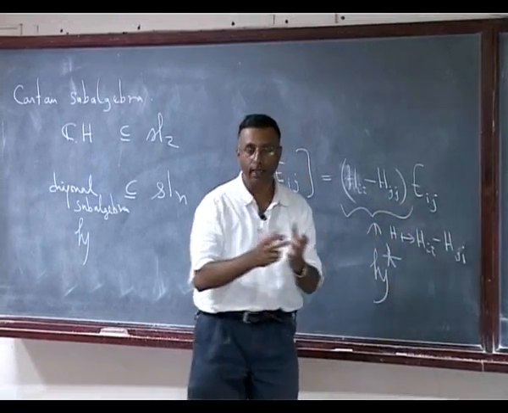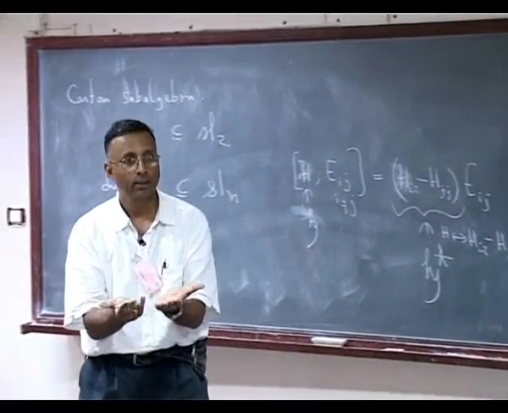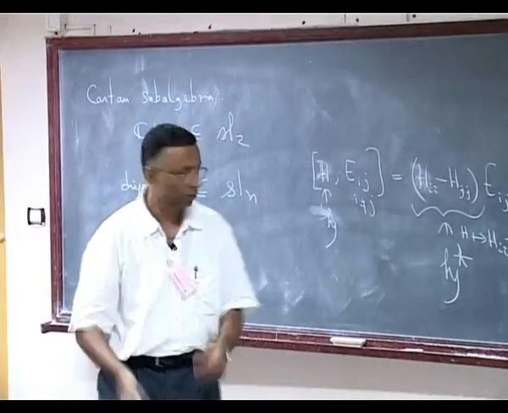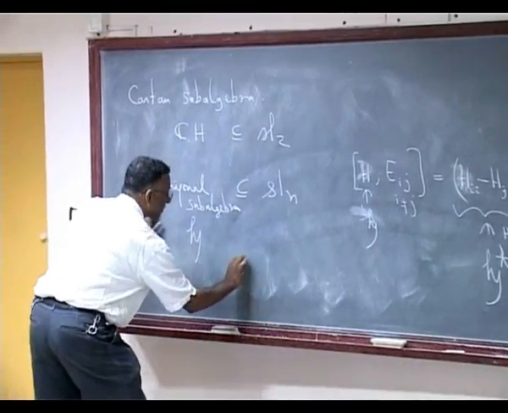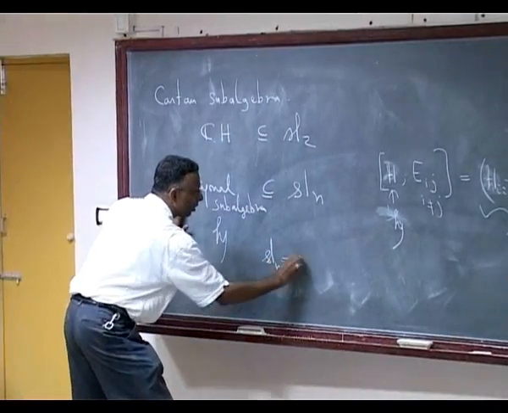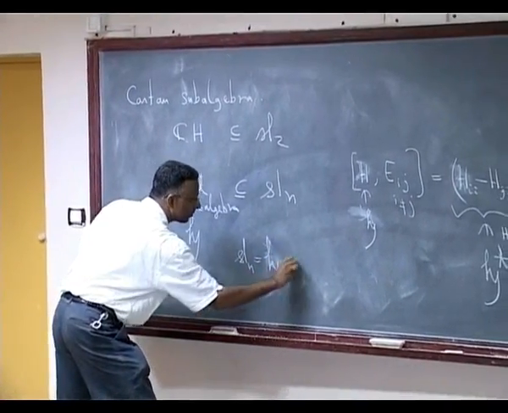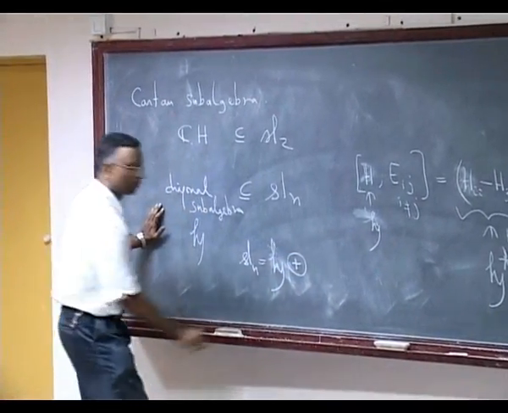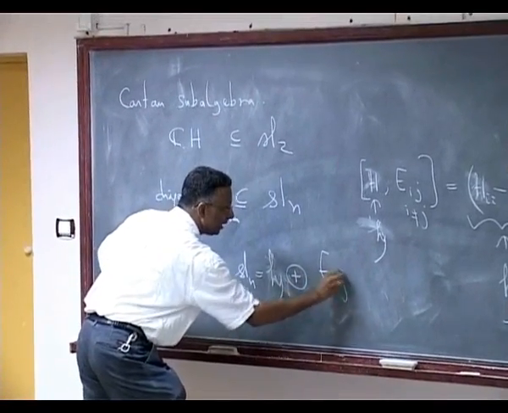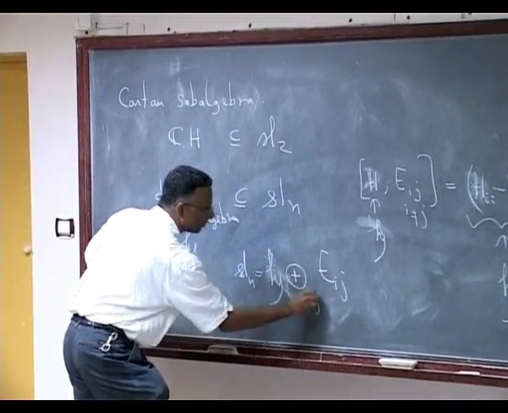What you will see is that your Lie algebra will be decomposed. So SLN is equal to the diagonal subalgebra, that's H, direct sum, as vector spaces, the Eij with i not equal to j.